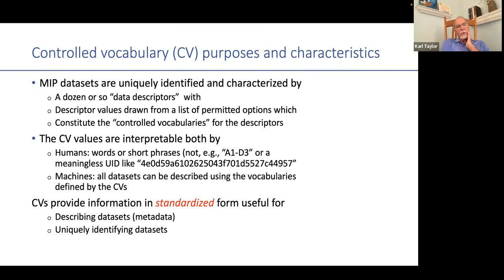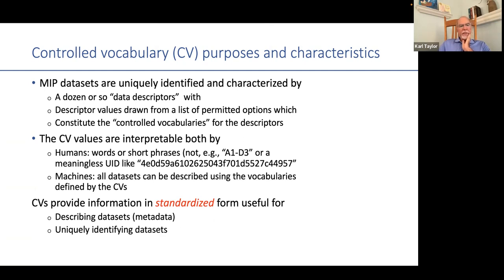One of the constraints we placed on the CMIP6 controlled vocabularies is they should be interpretable both by humans and by machines. So they shouldn't be something like a UID that has a gibberish collection of characters, but rather should be text that can be understood by a human. And since there's a limited number of these that are defined and included in the controlled vocabulary, machines can be taught basically to understand what they mean.